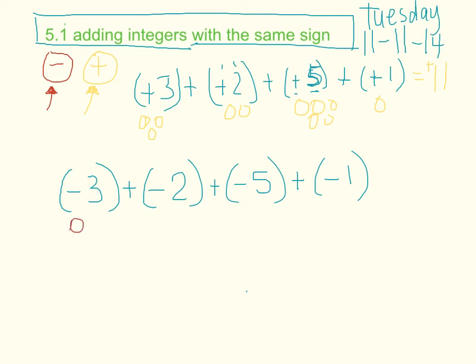So we have 3 negatives, 2 negatives, 5 negatives, and 1 negative. How many negative counters or negative chips is that all together? 1, 2, 3, 4, 5, 6, 7, 8, 9, 10, 11. We don't just write 11 though, because they are negatives. It's negative 11. That means we have 11 negative chips there.